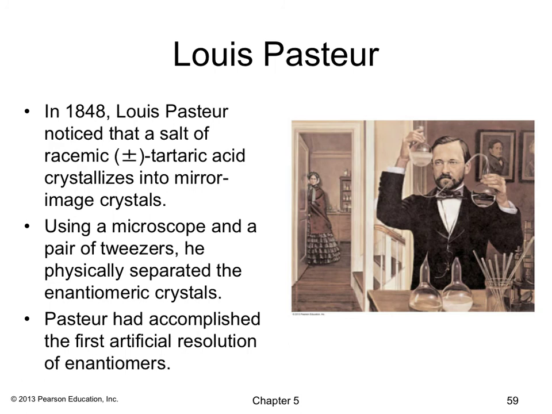Louis Pasteur in 1848 noticed that the salt of racemic plus-minus tartaric acid crystallizes into mirror image crystals. And so using a microscope and a pair of tweezers, he separated the enantiomeric crystals. He was able to resolve the racemic mixture by just separating it out.